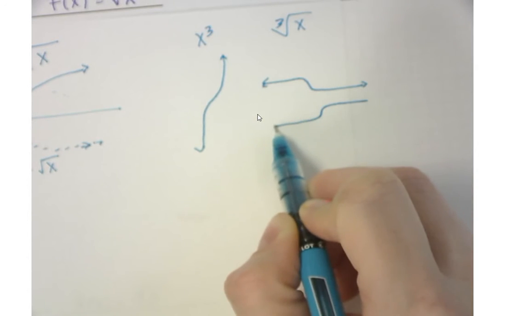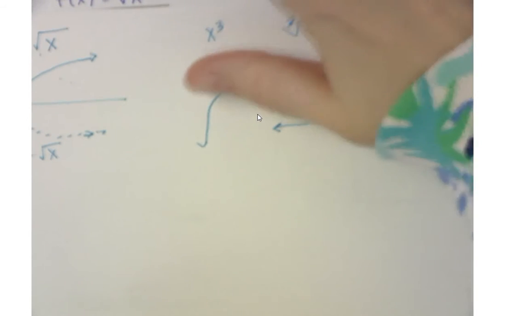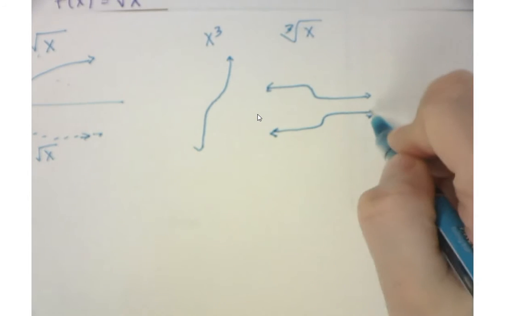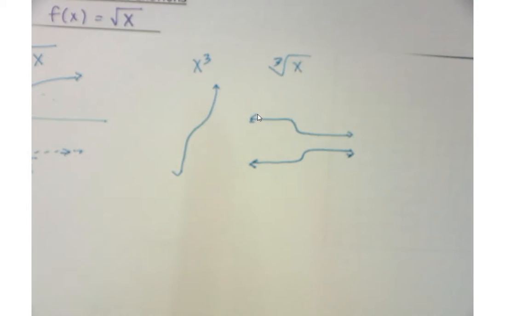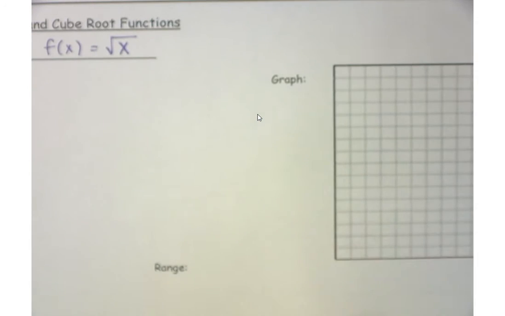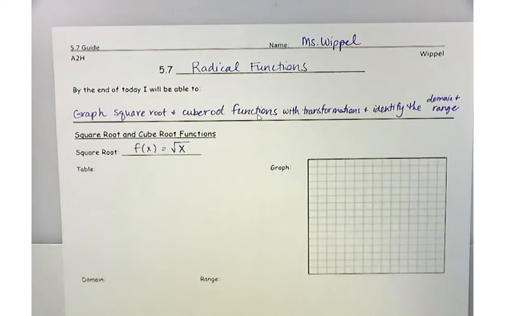Sorry, I guess it looks kind of weird to see them next to each other. You think that they are together, but they're not. So that's what we're going to practice graphing today, the cube root and then the square root. We're going to do some transformations, and then we are going to continue working on the domain and the range.